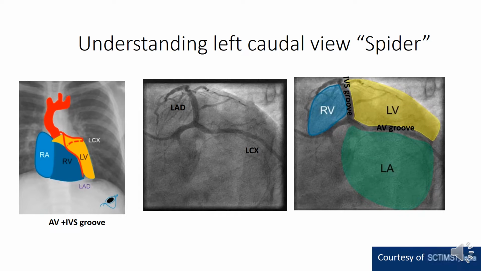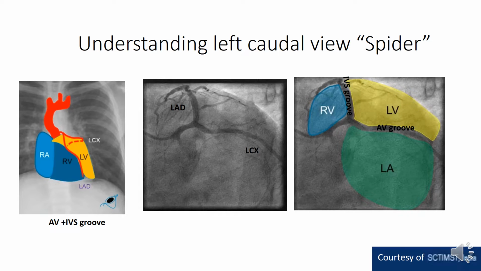The last important view from the four orientations is the left caudal view. We are looking at the base of the heart from the caudal orientation. So this is the base of the heart, and here is the left main coronary artery branching into the left anterior descending artery, which is running on the front surface of the heart, and the circumflex artery running on the lateral surface of the heart.